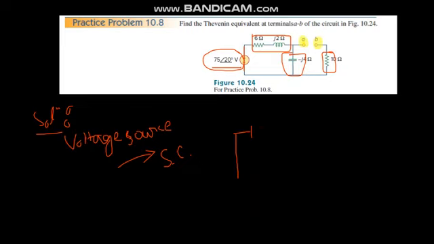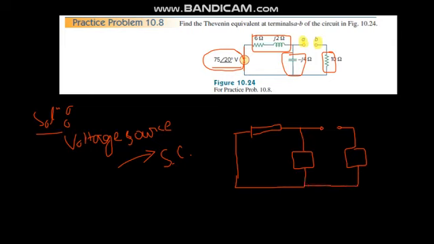Then make a block, first block, then the second block, and connect these two things. Then the two terminals here, the remaining terminal, will be the third block, and just mark the blocks like this.